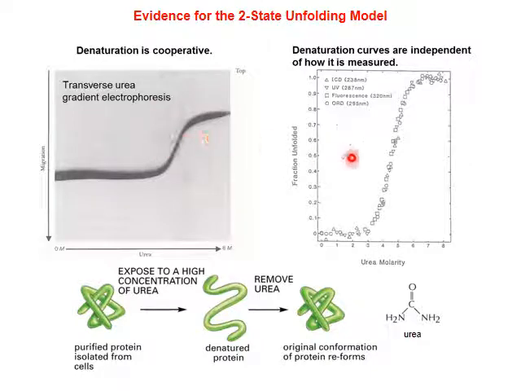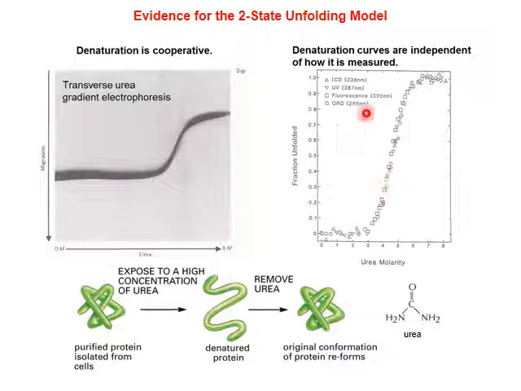We can also do the experiment using spectroscopic means to look at protein denaturation. So recall we have tryptophan that could be monitored. If tryptophan is on the surface or buried, it will have different spectroscopic properties, and we can follow that with fluorescence or UV-vis measurements.